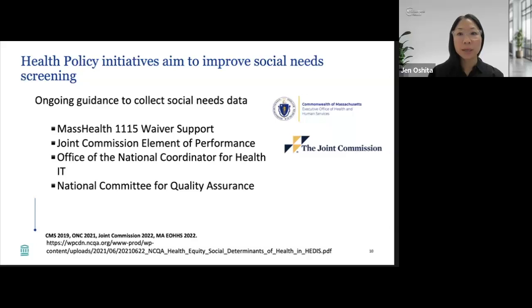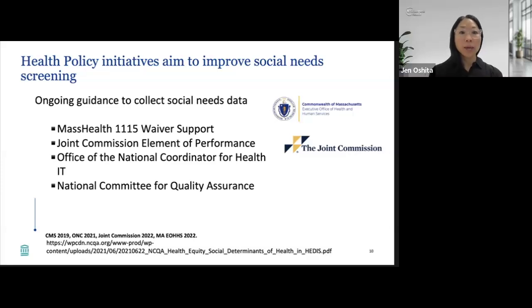Now, at national and state levels, policies are being put into place to support this practice, and many have already been put in place. So, for example, in Massachusetts, MassHealth, which is the state's Medicaid program, has a waiver, the 1115 waiver, to reward health systems for collecting social needs data. The Joint Commission has included in their elements of performance that health systems must have some type of processes in place to collect social needs.